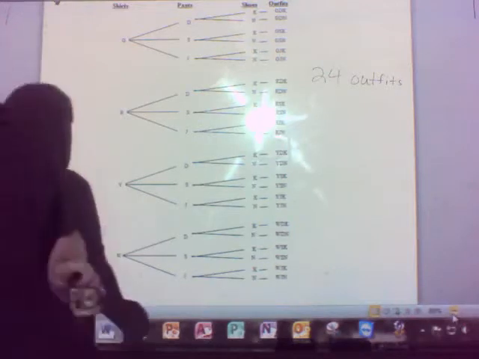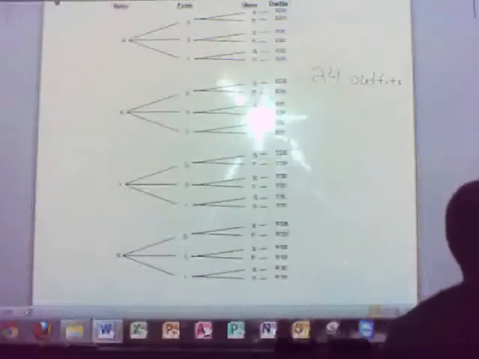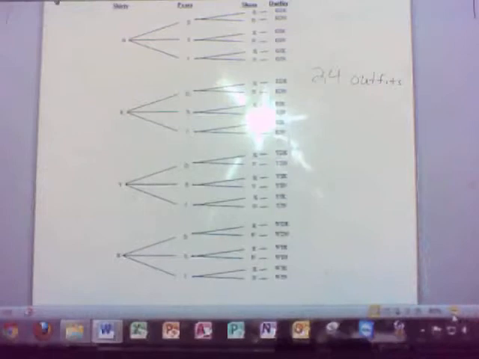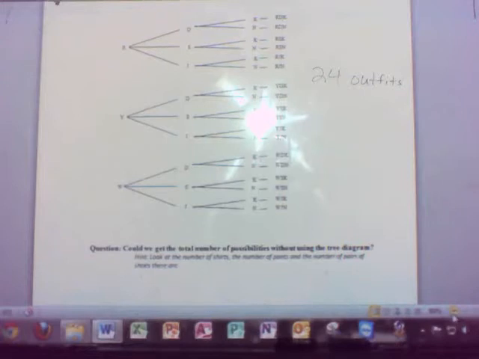Could we get the question down at the bottom of the handout? Could we get the total number of possibilities without using the tree diagram?